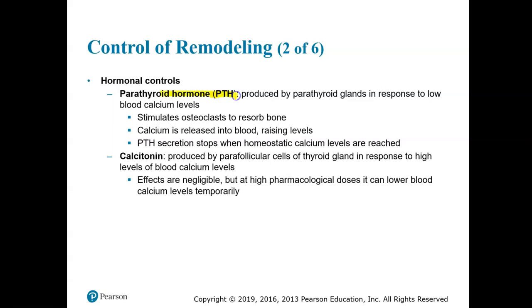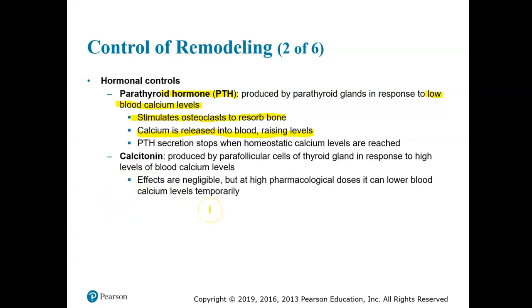So parathyroid hormone, or PTH, is released in response to low blood calcium levels. And once you release PTH, your osteoclasts will begin to break down bone tissue and release calcium into your blood, and that'll raise your blood calcium levels.